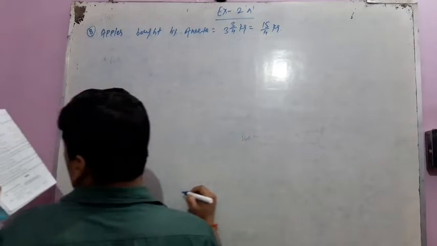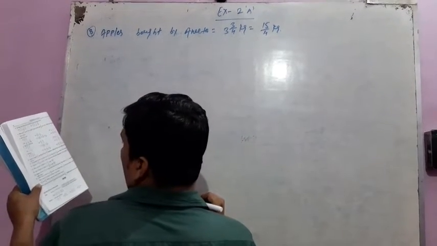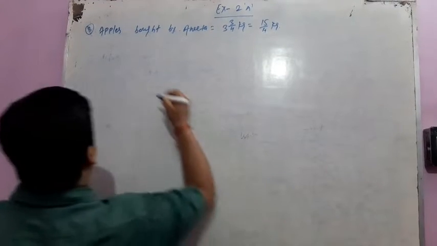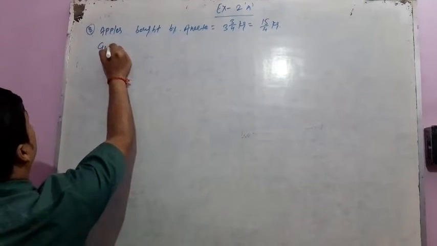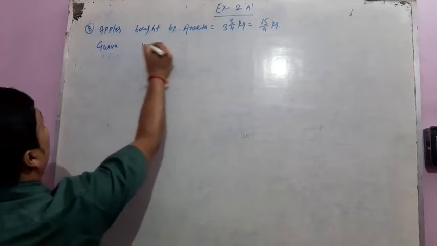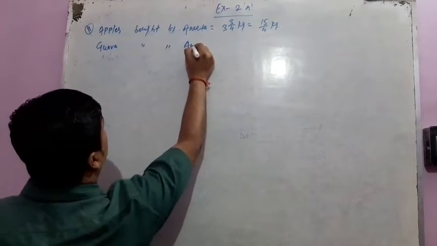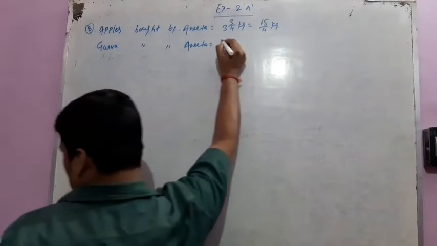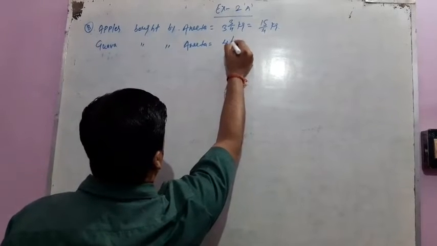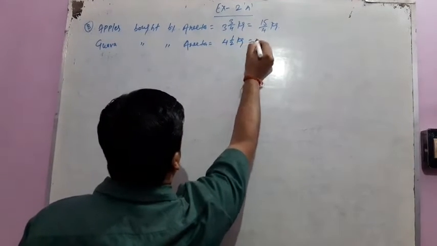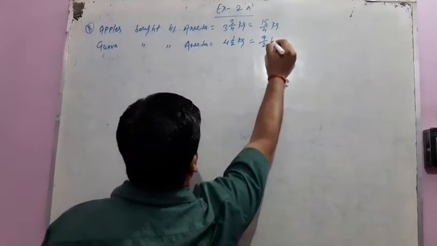And 4 whole 1 by 2 kg guava bought by Anita, that is 4 whole 1 by 2 kg, 4 times 2 is 8, 8 plus 1, 9 by 2 kg.